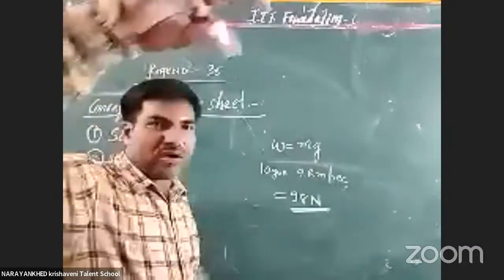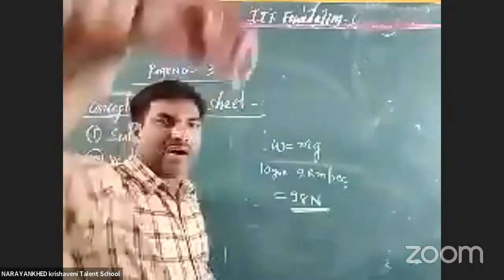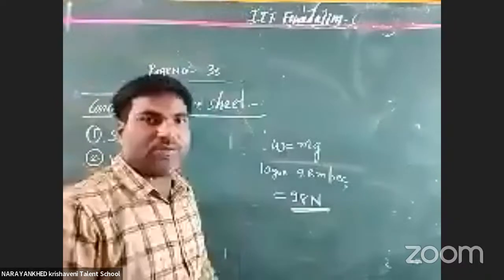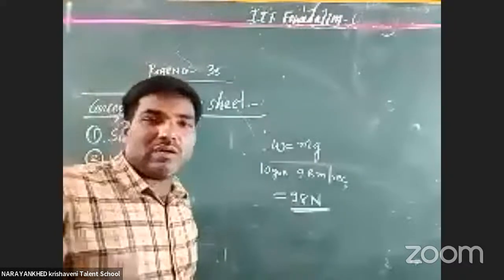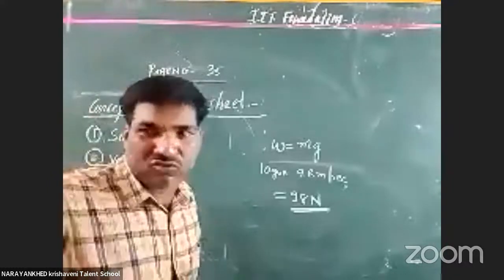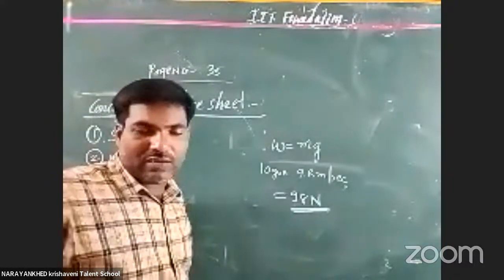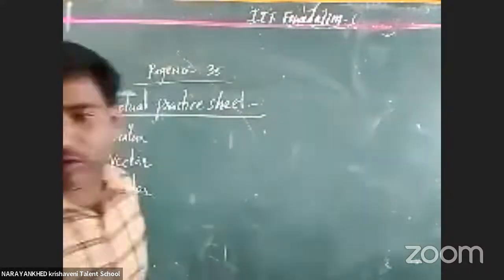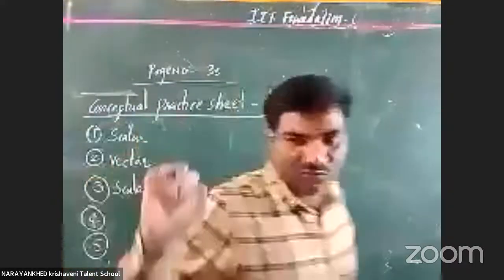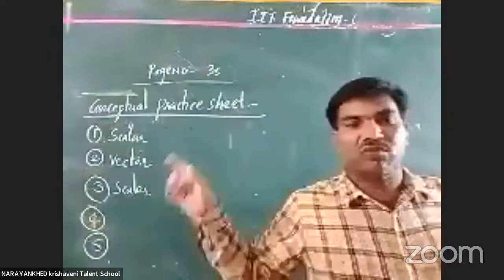Understand, all of you? Because of its weight, this top piece falls down. Weight is nothing but one type of force. This changes from place to place. Weight is not fixed, but mass is fixed. Weight changes from direction to direction.